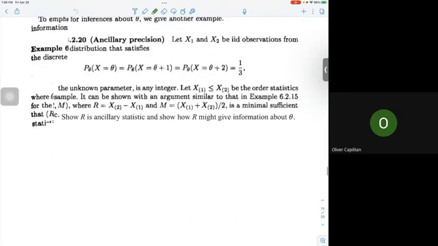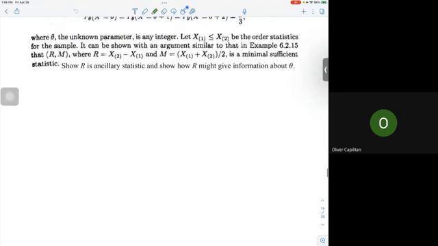Continuation yan. Okay? So we have shown that R and M is a minimal sufficient statistic. Yun yung solution natin. Then, minimal siya, with components R and M. Then we're going to show that R is an ancillary statistic.